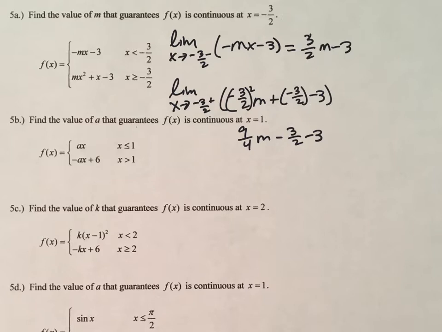Remember, 3 is the same as, with a like denominator, 6 halves. So negative 3 halves minus 6 halves more would be negative 9 halves. Okay, so now I have the limit as x approaches negative 3 halves from the left. Here's my limit in terms of m of f of x as x approaches negative 3 halves from the right.